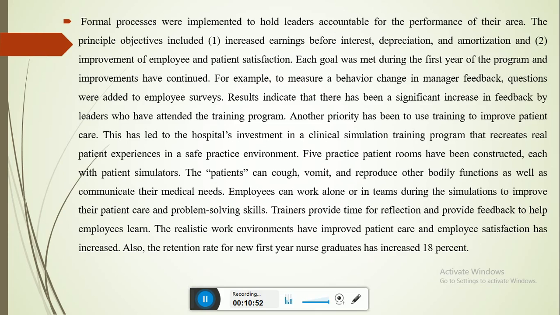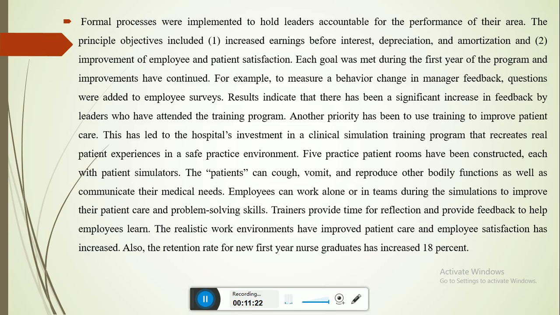Employees leaving a company will cost the company. So once they have provided this type of training for their employees, their retention rate has increased 18%. Now it means after evaluating the training program, they have found out that, first, we have achieved our goals. Second, we have recruited top talent. Third, we have conducted training for leaders and for services.